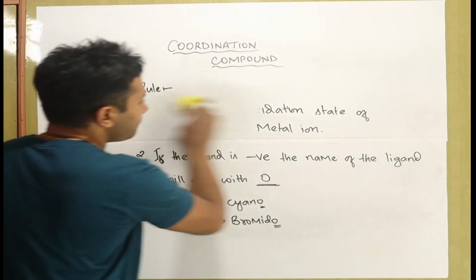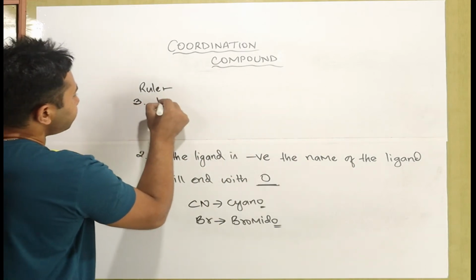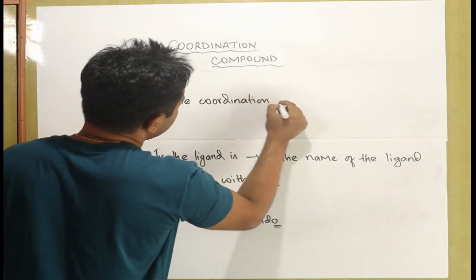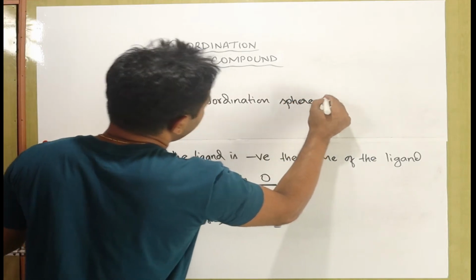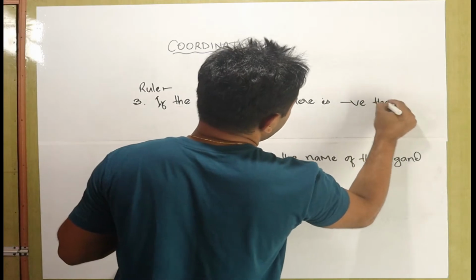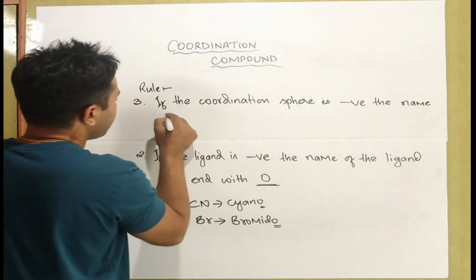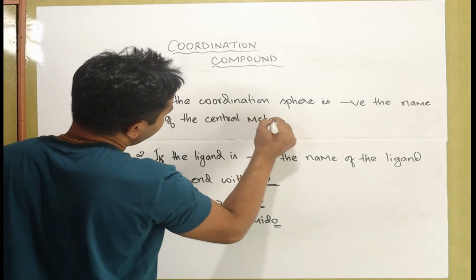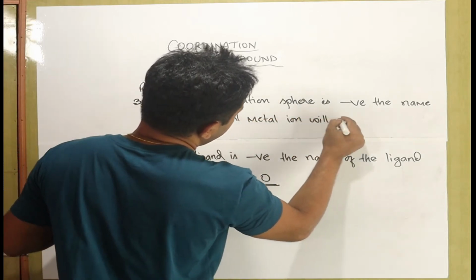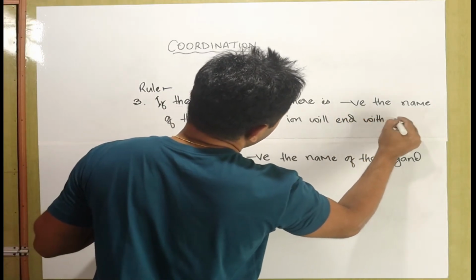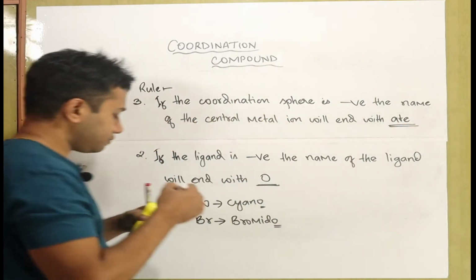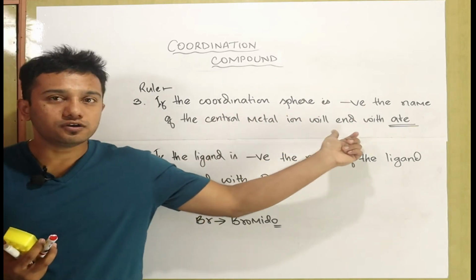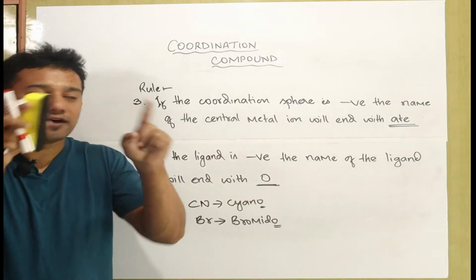Rule number 3: if the coordination part is negative, the name of the central metal ion will end with ATE.